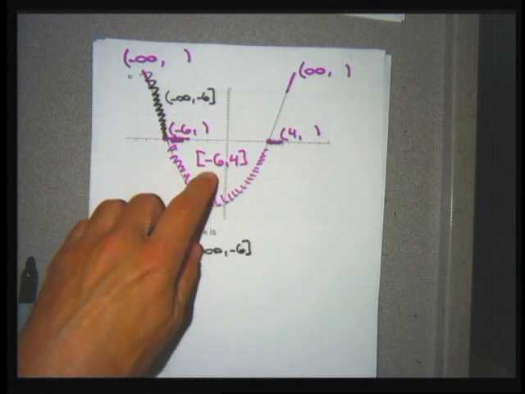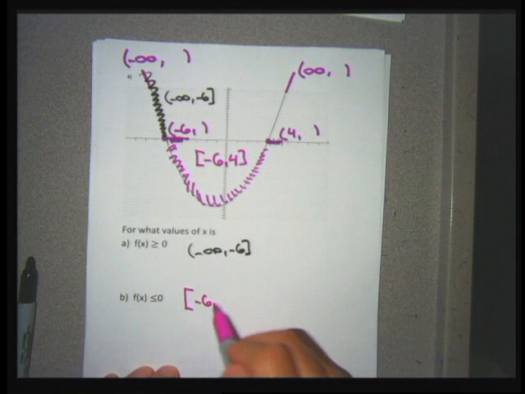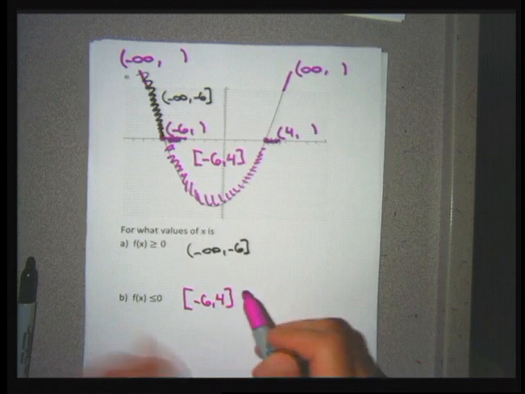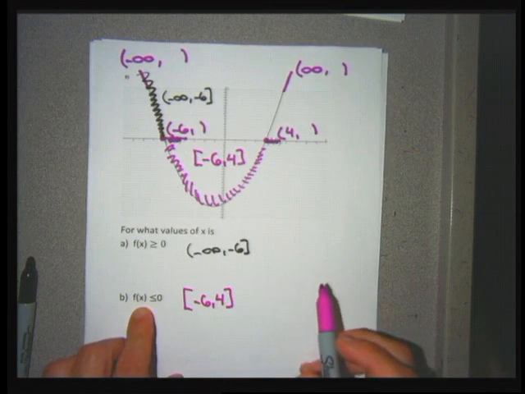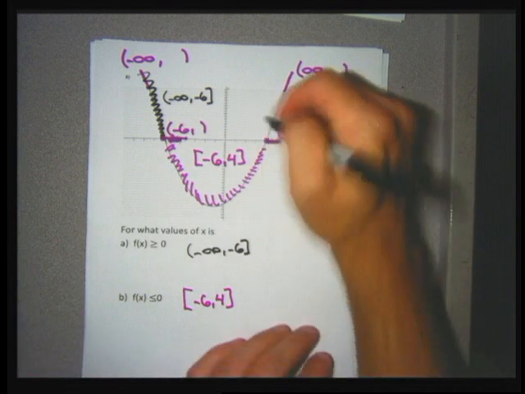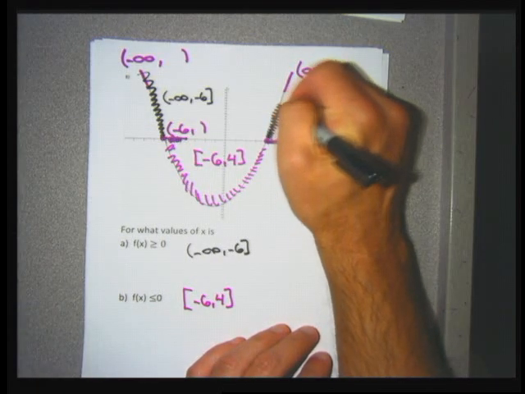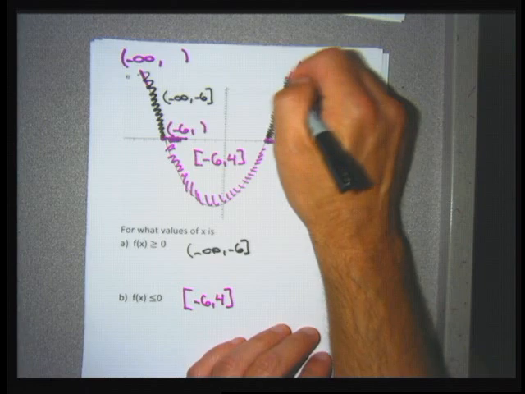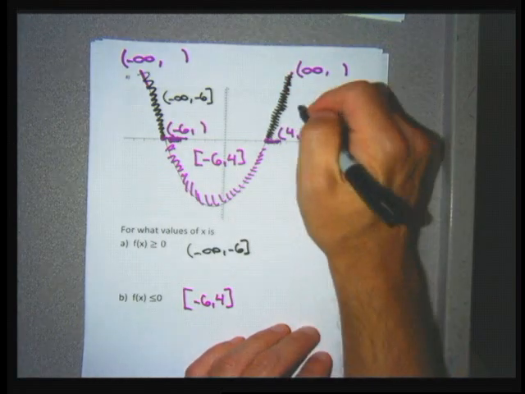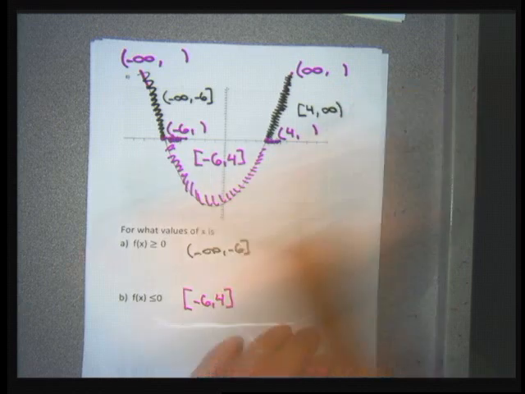Because this region is below the x-axis, the interval from negative 6 to positive 4 is part of the answer for where the graph is below the x-axis, or where f of x is less than or equal to 0. When I hit an x-intercept, I start a new interval. My last interval is going to go from the x-intercept of 4, 0, to the final edge of the graph, and I'm going to create another interval, and that interval is from 4 to infinity.